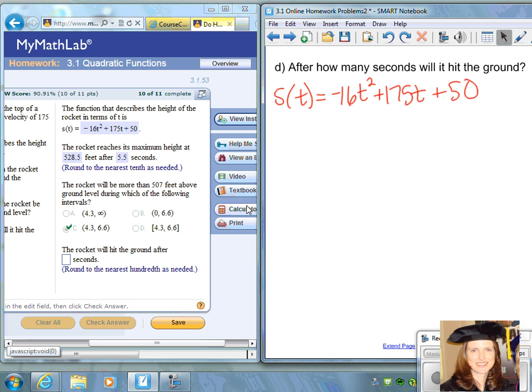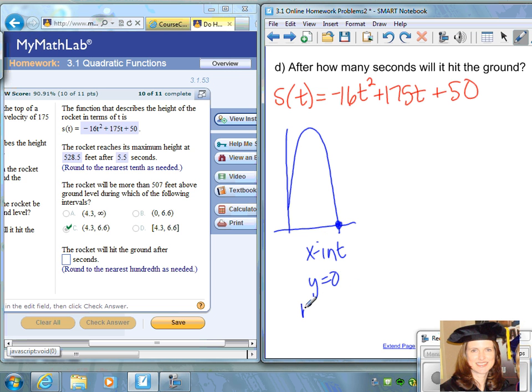Well, you think of this graphically, what's happening here. The rocket goes up and then it eventually comes back down. Where it actually comes back down and hits the ground, that's your x-intercept. And you find x-intercepts by setting the y equal to 0, or in other words, the height equals 0 when it hits the ground.